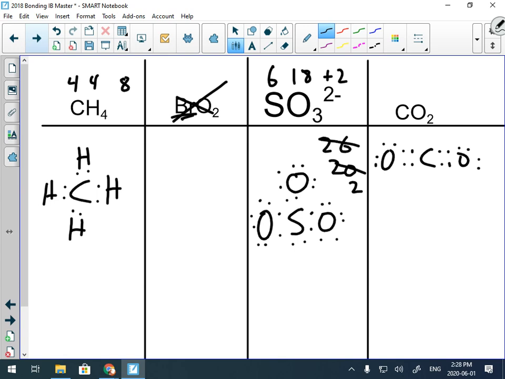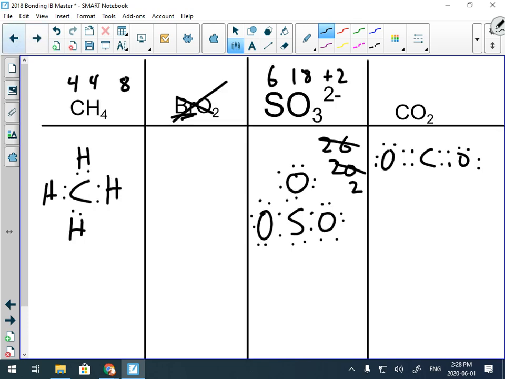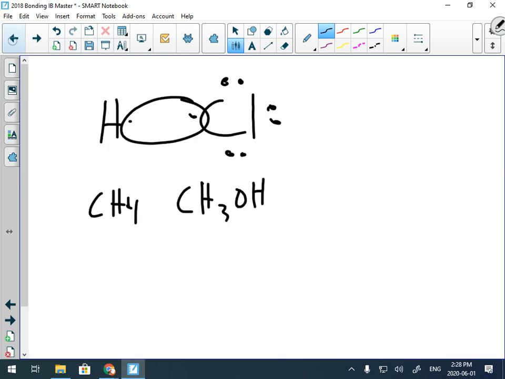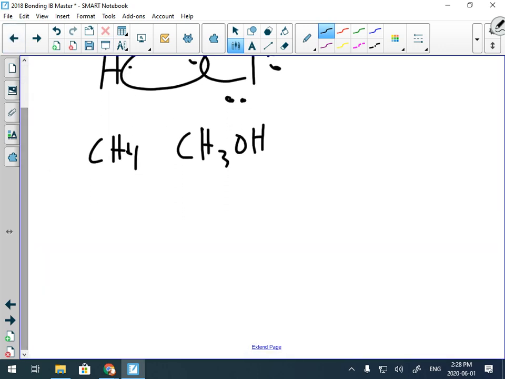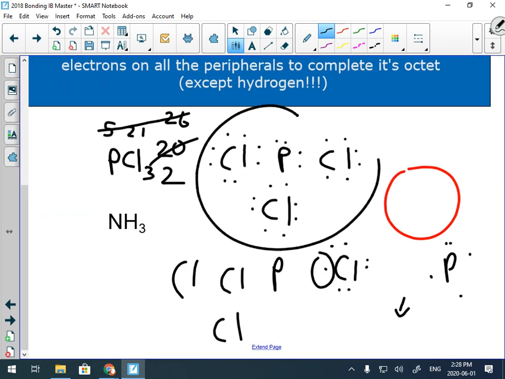Now, that's just a little taste. We're going to work tomorrow on moving to something called a structural diagram. Structural diagrams are even easier because in a structural diagram, the only thing you show is the bond pair. So, you'll love this for the lazy people, if I go back to this one right here, the only thing I show in a structural diagram is what's connecting it.